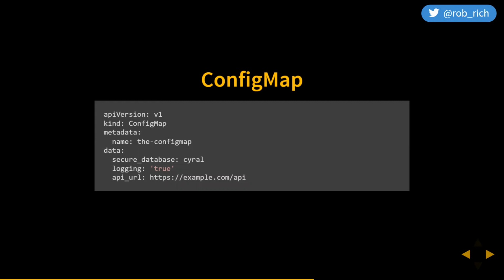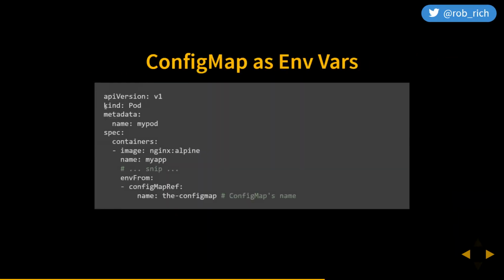Now, how do we map this into our pod? We can do that here. So in this case, rather than enumerating each one, I just said envFrom, and I gave it that config map reference. So everything inside this config map will now get mapped into place as environment variables in my application. So in my application, maybe I have a node app, so I say process.env and dot that name, and I'll be able to get at that configuration detail. Now I might have other details. Maybe I have volume mounts. Maybe I have other details associated with my pod definition.